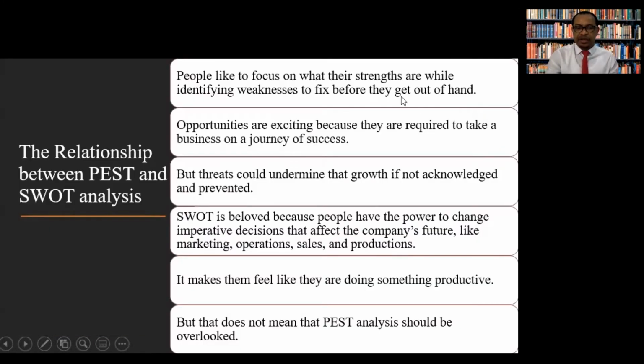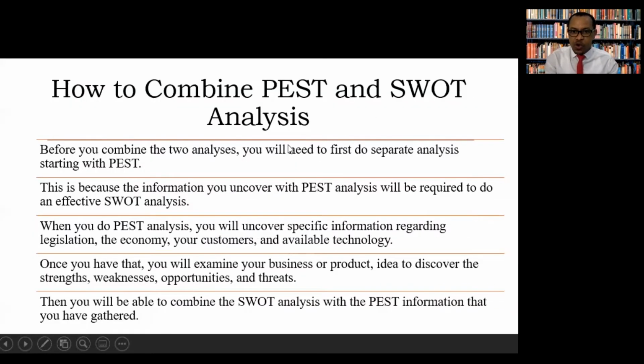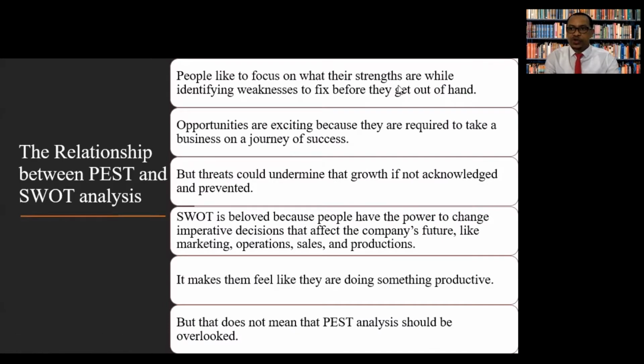In that case, you need to understand your strengths using SWOT analysis. People like to identify their strengths because when you know your strengths, then you'll know how to utilize them for something good. At the same time, identifying your weaknesses will enable you to fix them before they get out of hand.